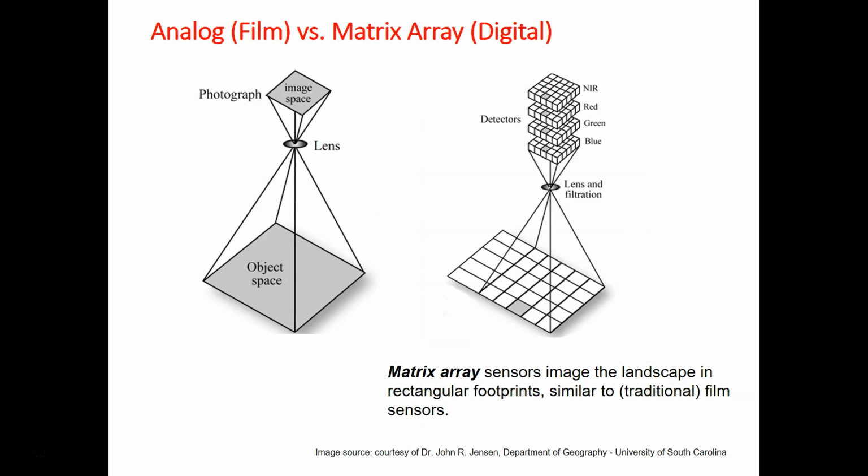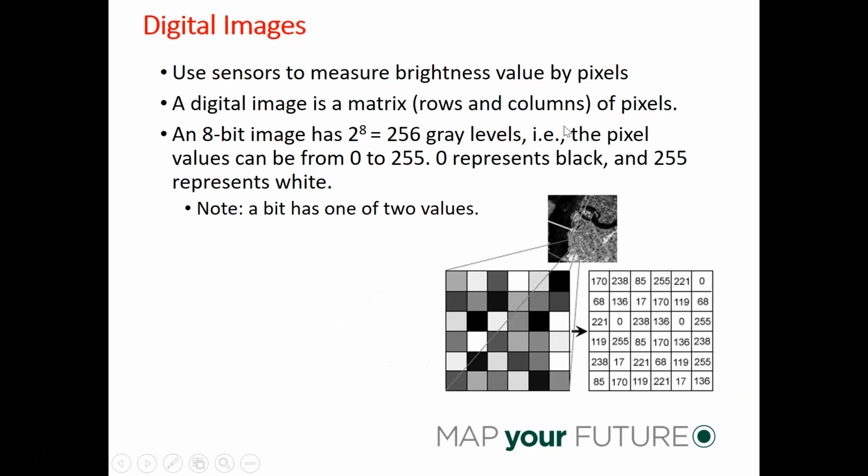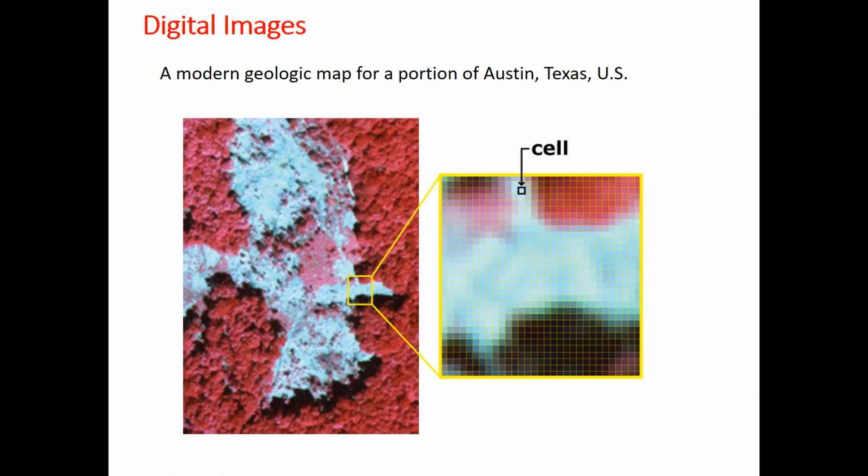If you go back to this example, a composite image would be an image that, for example, merges those three bands together, and that's why it's colorful, because we can then assign certain colors to certain bands.